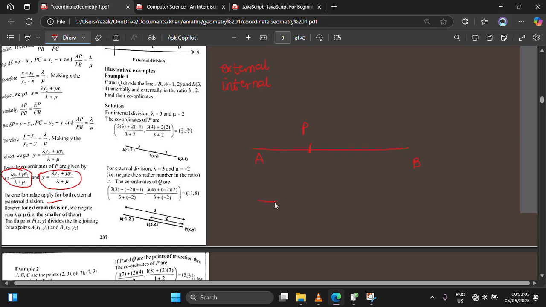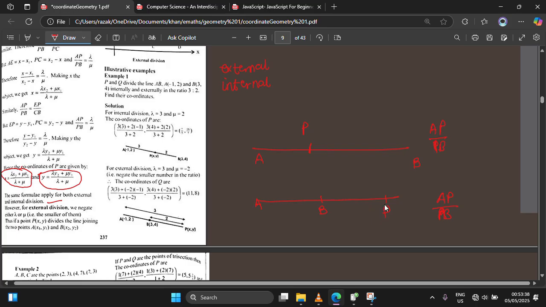What if I have this line, I have A here, I have B here, then I put P here? It's still a division, right? There's still a ratio between AP and BP, and here too we have a ratio.